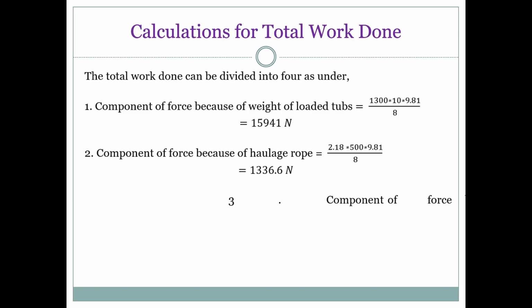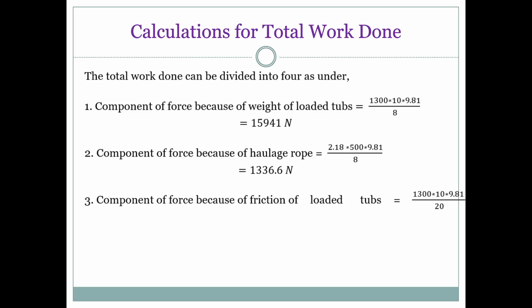So let's come to the third part, which deals with the friction. So the component of force because of friction of loaded tubs is given by 1300 multiplied by the number of tubs 10, multiplied by 9.81, and it is given to us in the numerical that the friction factor for the tub as well as for the rope is 1 by 20. So we multiply the friction factor 1 by 20 and we get a numerical value of 6376.5 newtons.